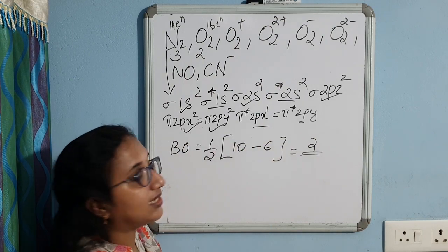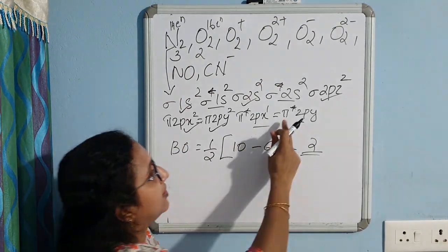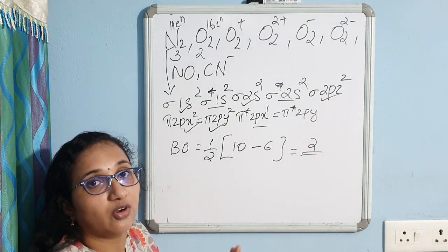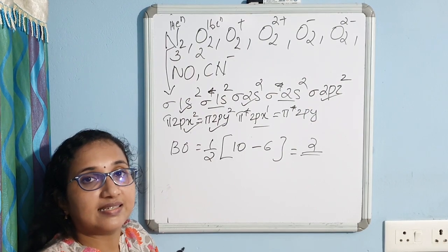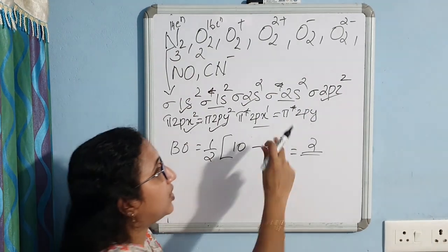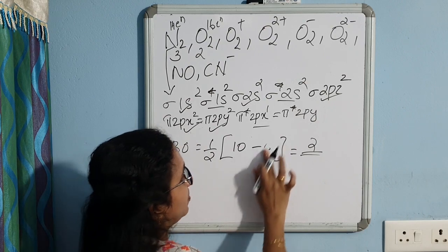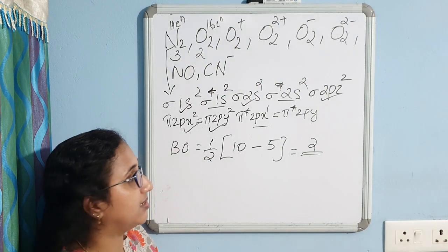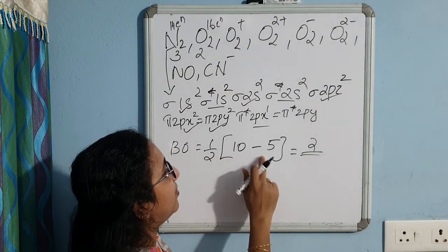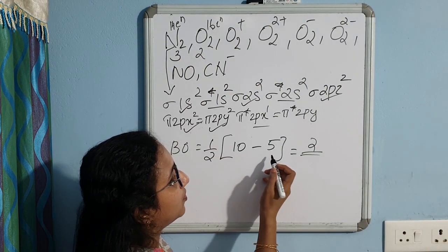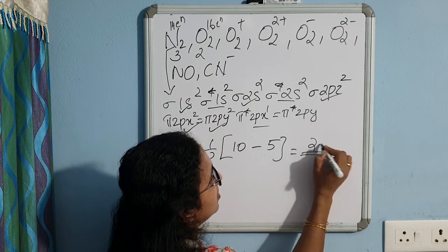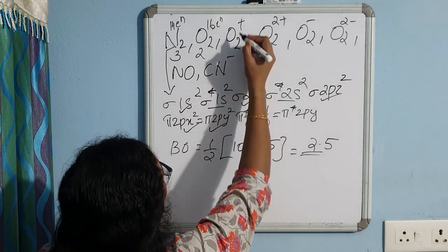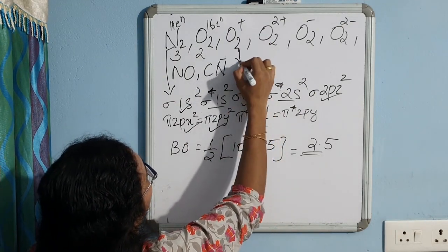Even without calculating the bond order, we can predict that since one of the electrons from the anti-bonding orbital is removed, it results in stabilization. Now the anti-bonding electrons have reduced, so it becomes 10 minus 5. Bond order is equal to half into 10 minus 5, the number of electrons in the anti-bonding orbital being 5. So it is 2.5. Bond order comes out to be 2.5 for O2 plus.